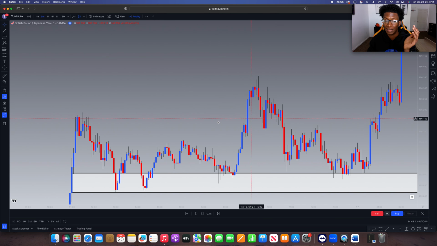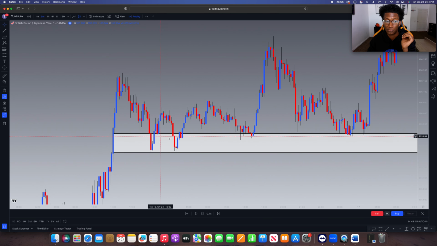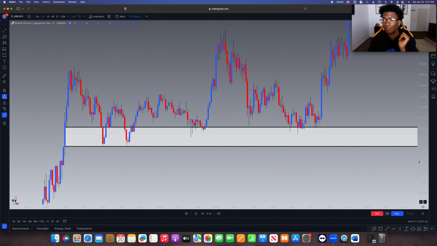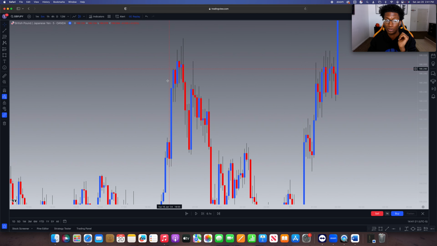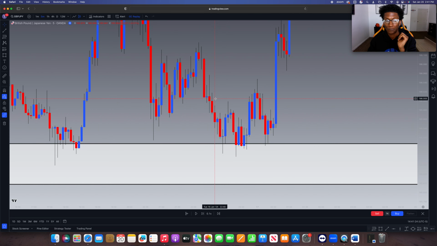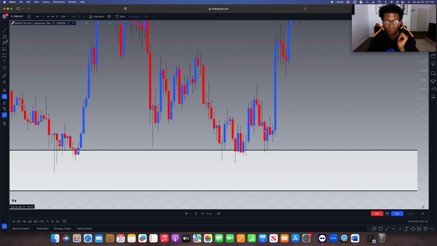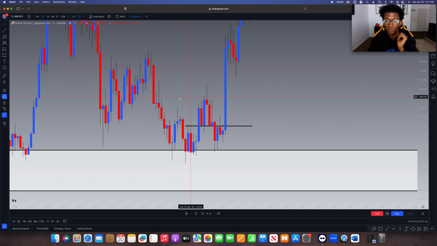But just understand that every time, so the exhaustion zone was formed around this area here, and every time price came within it, not only do we break a lower high, but we form higher low points. Lower high, had this lower high break. That next higher low point could have been entry.